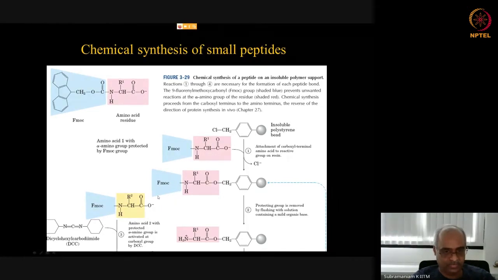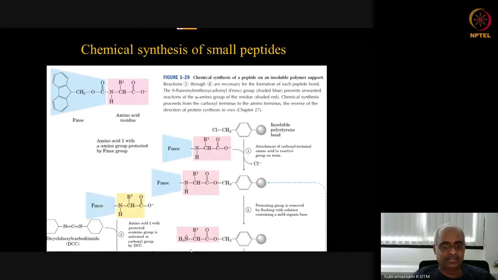You need to take this FMOC out and make this amino group available, and that is done by using a mild organic base. Essentially, imagine this is a filter paper and this liquid is added, and after the required time of incubation, you add an organic base solution and wash it, and that cleaves this and it goes away. Then you add the next one and so on. That's how it goes. So now the amino group is regenerated. Next we need to do two things.